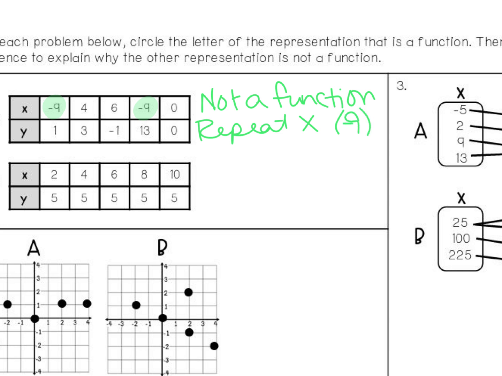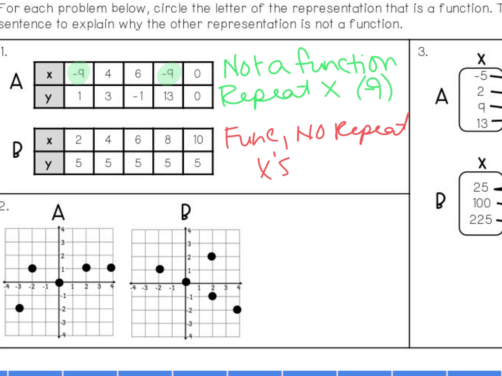Now, B is a function. No repeat x's, okay? You have one input, one x, has only one output, whereas on A, this -9 had an output of 1 and 13. That doesn't work, okay?